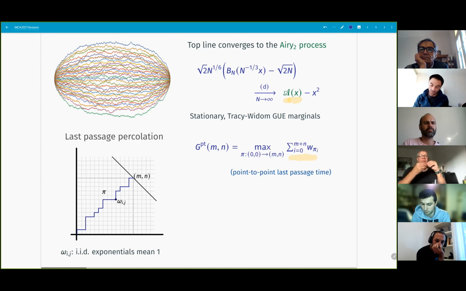And if I go from (0, 0) to (m, n) and look at this maximal last passage time, this is what's known as the point-to-point last passage time.